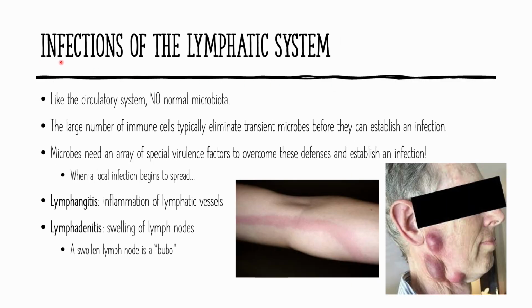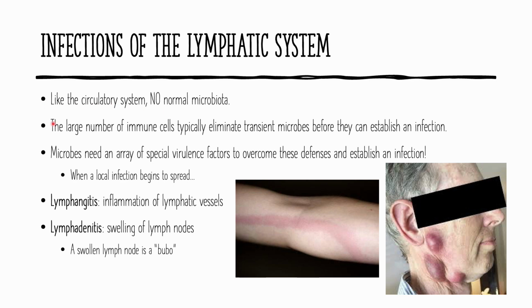And then some important things about infections of the lymphatic system. First off, keep in mind that these two systems are closely related to each other. They're both systems of vessels that are extensive throughout your whole body. And like the circulatory system, the lymphatic system has no normal microbiota, but it is constantly surveying for potential pathogens or invaders in your body.